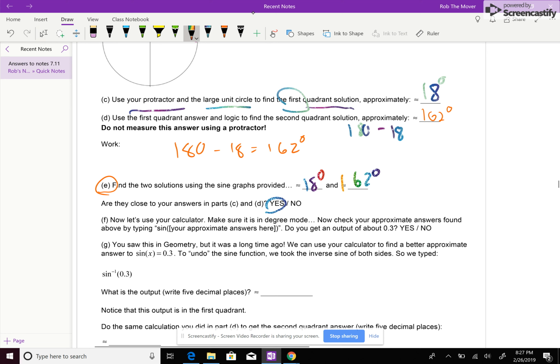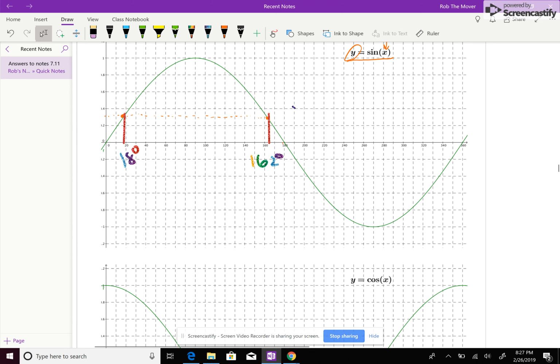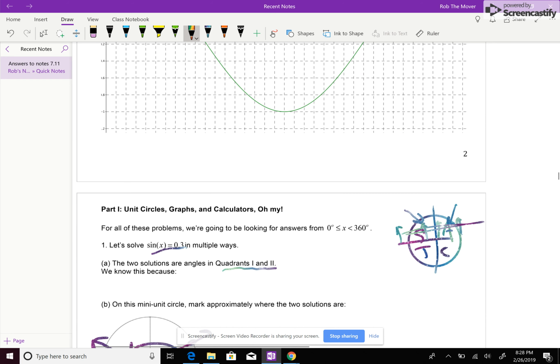If you got 28 here, then you did something wrong either on the graph or on the unit circle. Should be about the same. And this one was right before 20, so it was a pretty good approximation. This is a little after 160, so 162 is a good approximation.